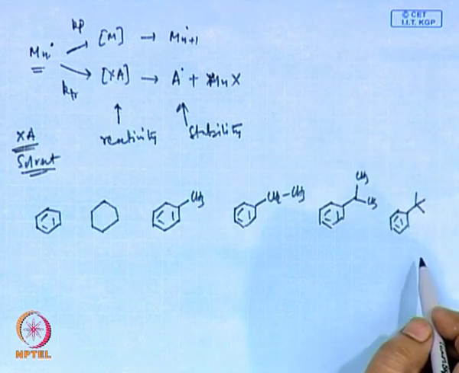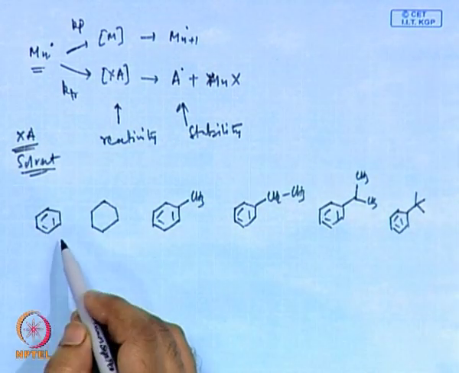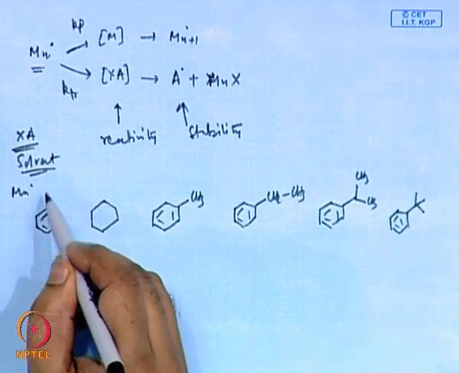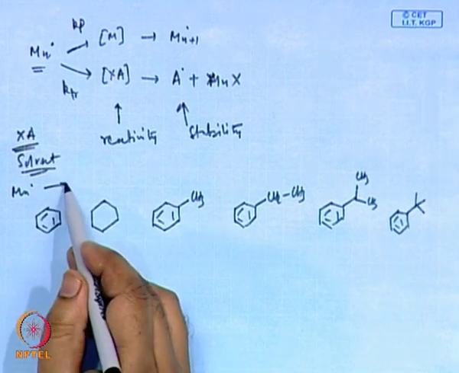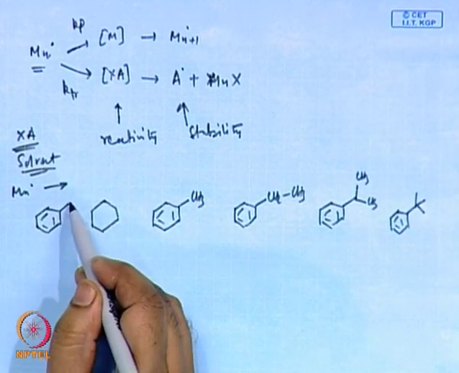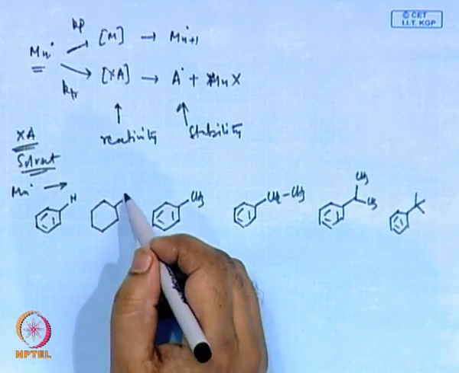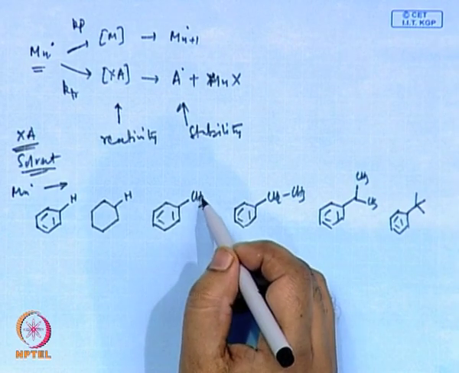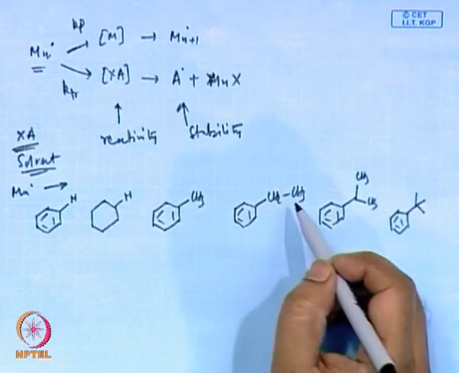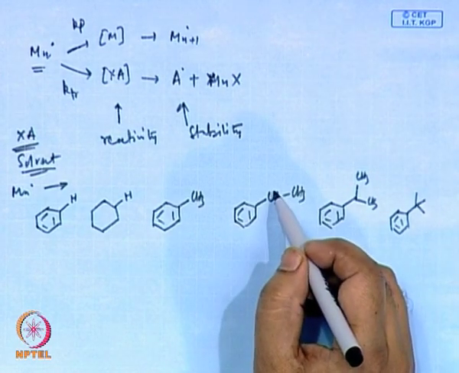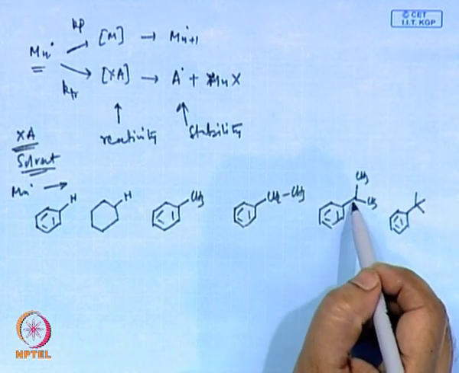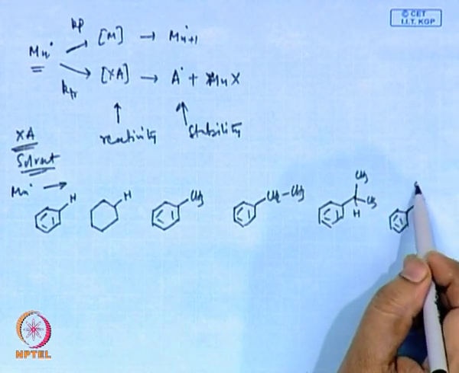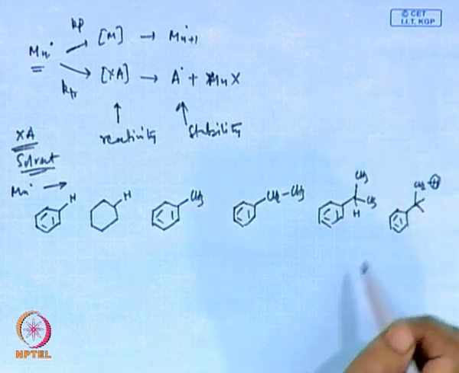Now, if it has to react with Mn dot and undergo a transfer reaction, obviously it is the hydrogen which will be abstracted. Between these, in this case this hydrogen is more easily abstractable, and in this case it is this hydrogen, and in this case there is no hydrogen here. So, this hydrogen is more extractable.